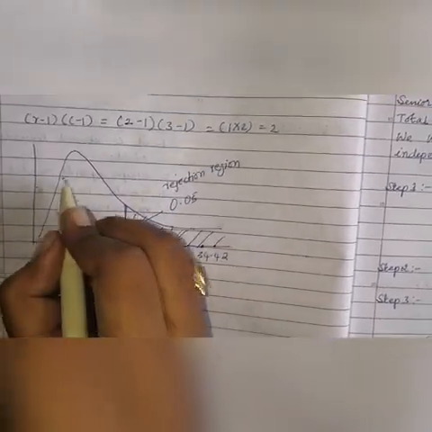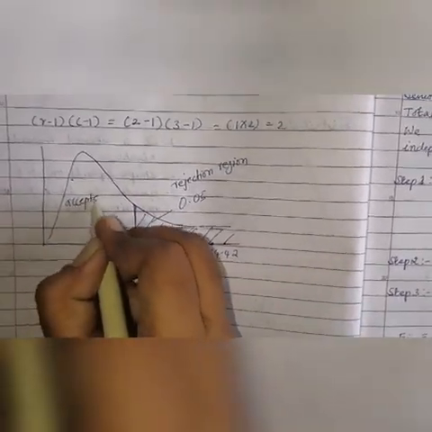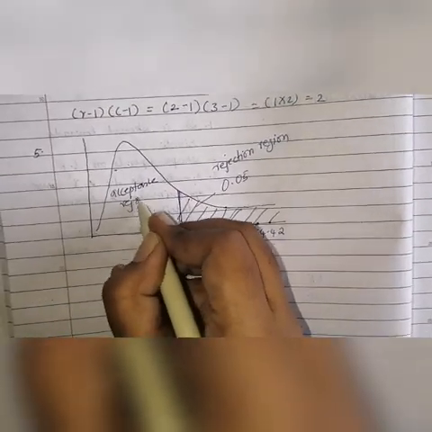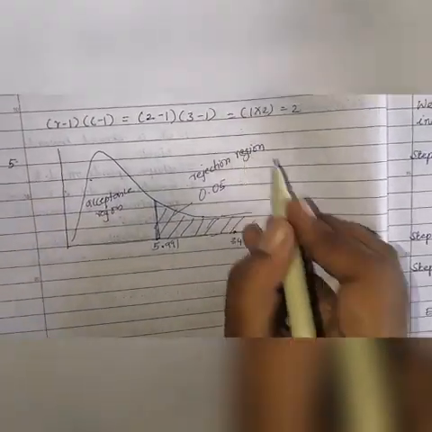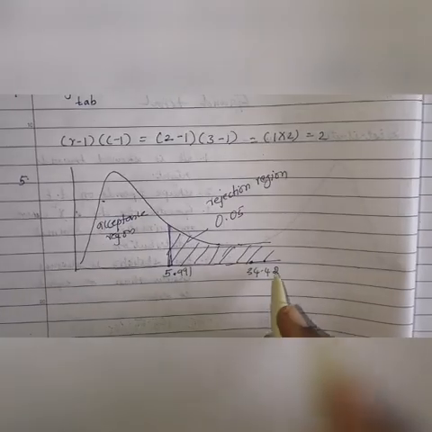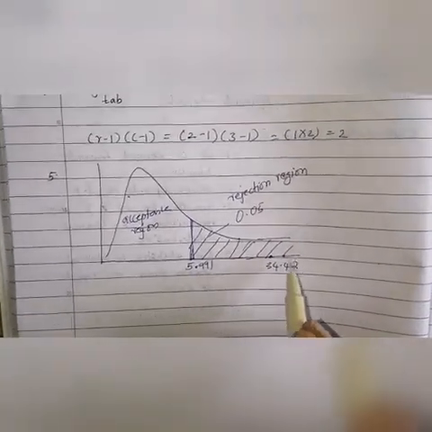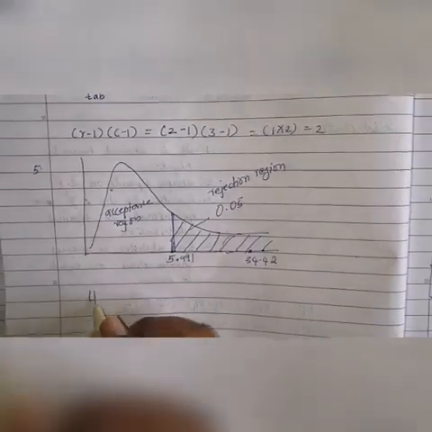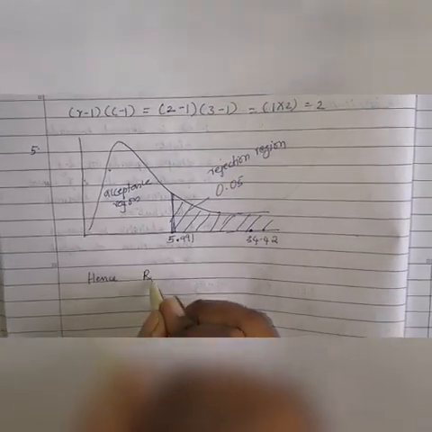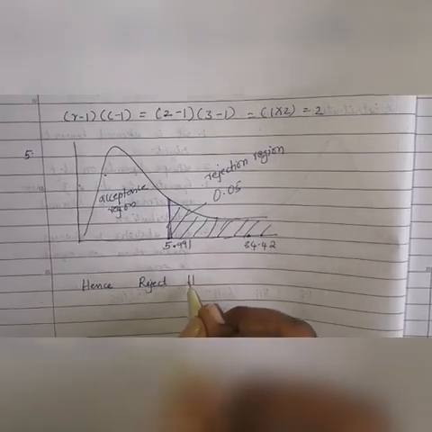Okay, so this is your acceptance region and this is your rejection region, right? So the calculated value is far greater than the critical value and it is falling in the rejection region. Hence, reject H naught.